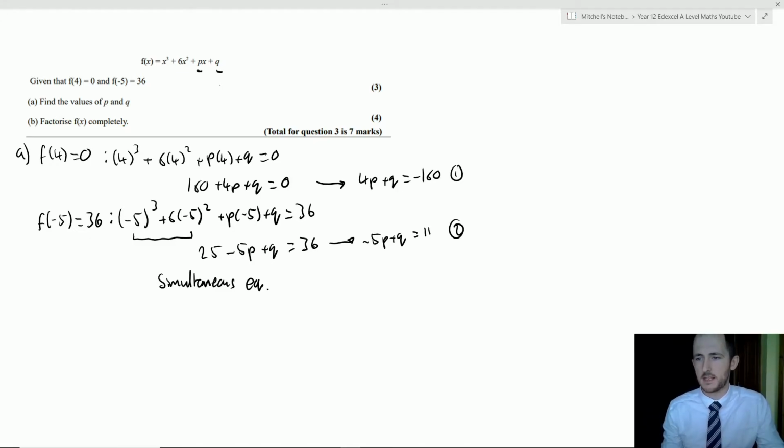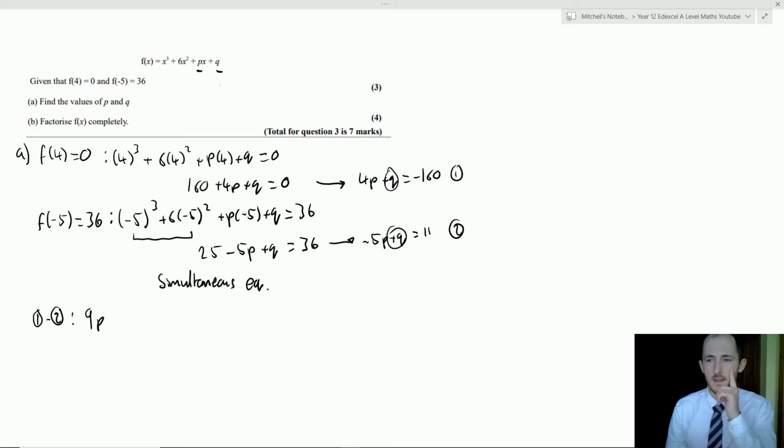So if I look at these two equations, I have 4p and q, and I have minus 5p and q. Q is common between both of them, so I can subtract these two equations, and that will give me one variable, one unknown. So if I do 1 minus 2, it doesn't matter which way around you do it, we have 4p minus 5p, which is 9p.